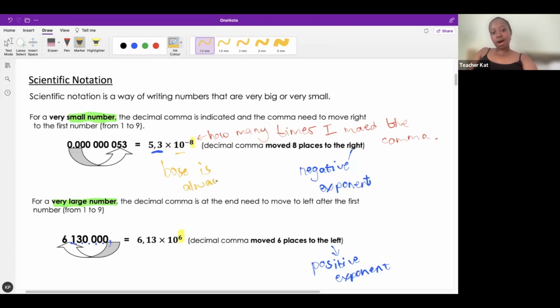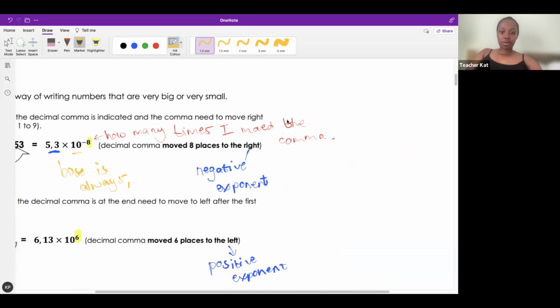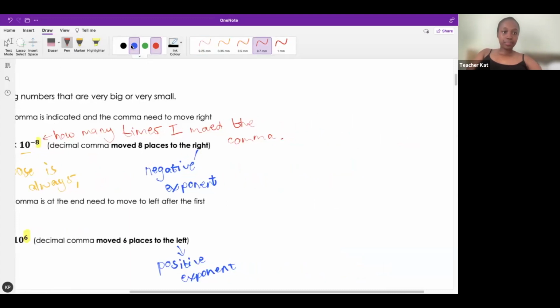Does anybody have an idea why it's always 10? Why is my base always 10 for scientific notation? Okay, let's talk about it. I'm going to write it on the side here. If I say 10 to the power of 1, how much does that give me?